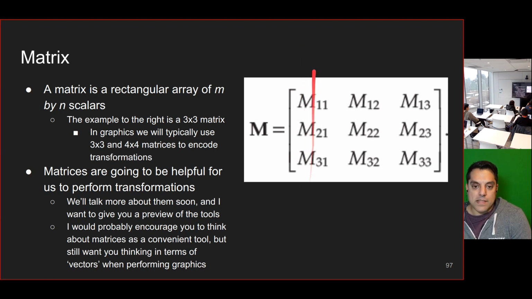If they're a column, that means I'm reading them up and down. If they're a row, that means I'm reading them left to right. For the most part in this class, we'll sort of think in columns, so looking up and down. And this is a compact way to represent transformations. If I want to translate a point or scale or rotate a point, I can do that with one matrix here.